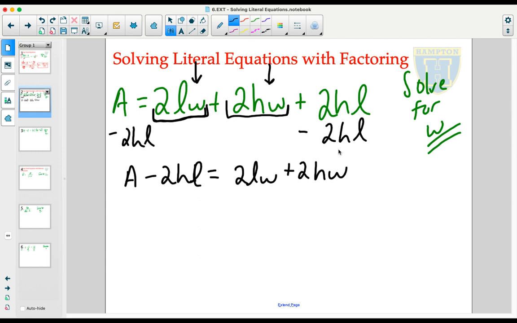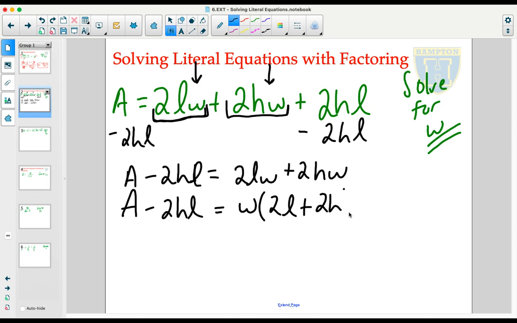It's at this point that we're able to use factoring to simplify the right-hand side a little bit so that we can pull out the W. We're going to leave the left-hand side the way that it is, and we're going to factor out a W from the right-hand side, leaving 2L plus 2H. Depending upon the circumstances, you may want to remove the 2 also, but that just creates an extra step of division that we're going to have to worry about. I'm just going to leave it alone for right now.